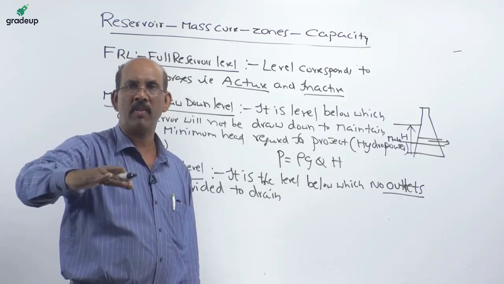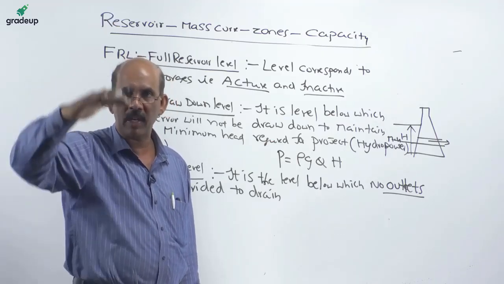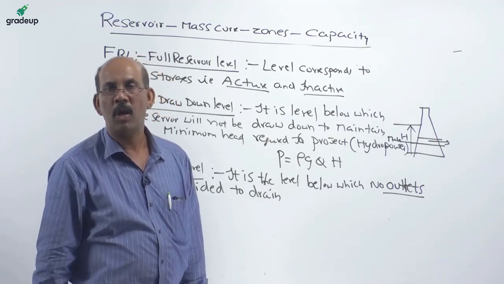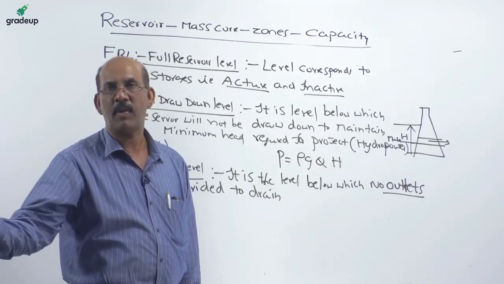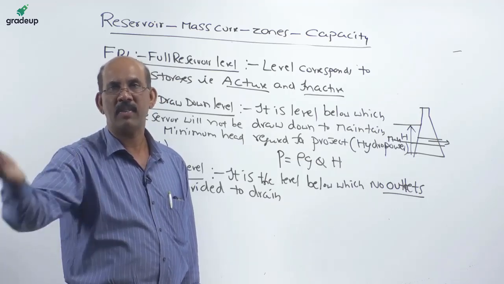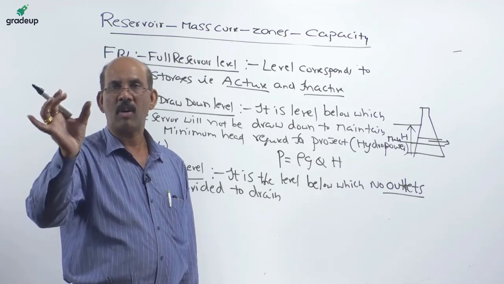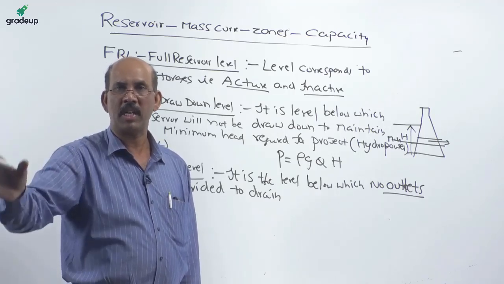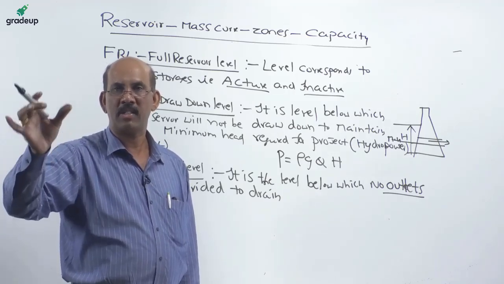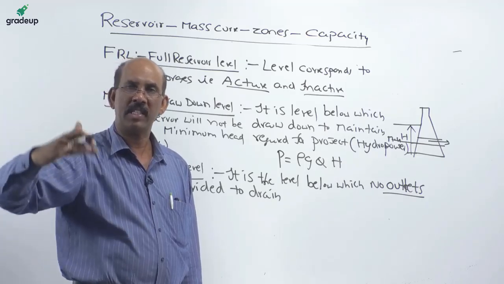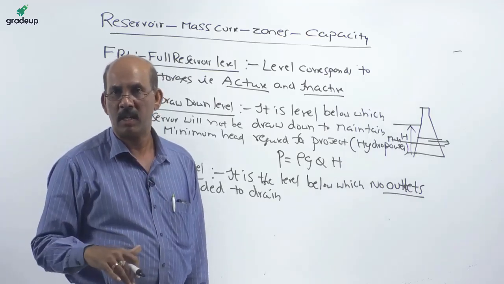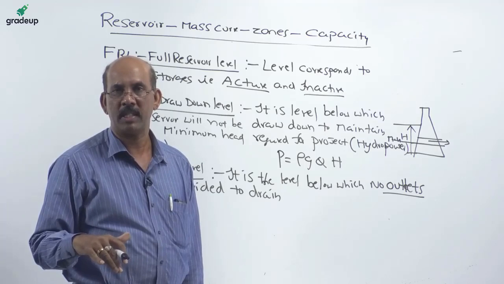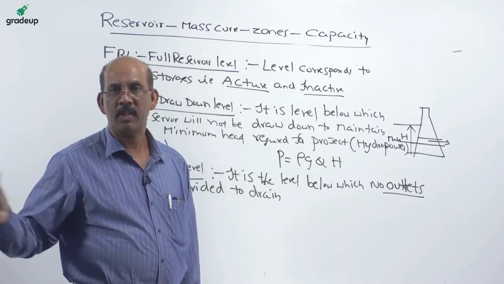Water level should always be above. That means if the water level goes below, the outflow or the draining of the water is not possible and silts will enter. So that is called dead storage or minimum water level, which is normally reached in summer, mostly in the summer season, because of no water in the streams.